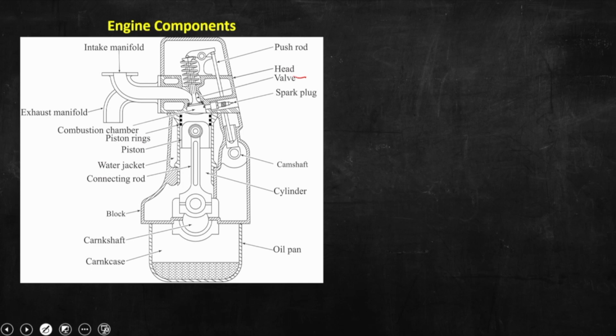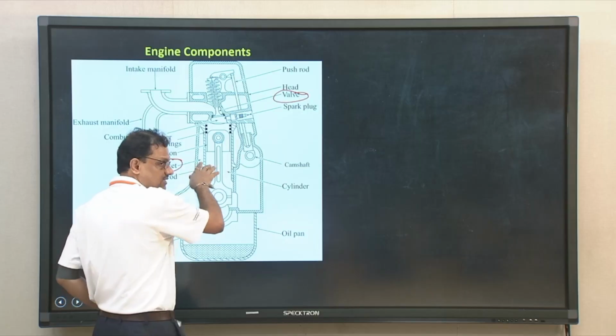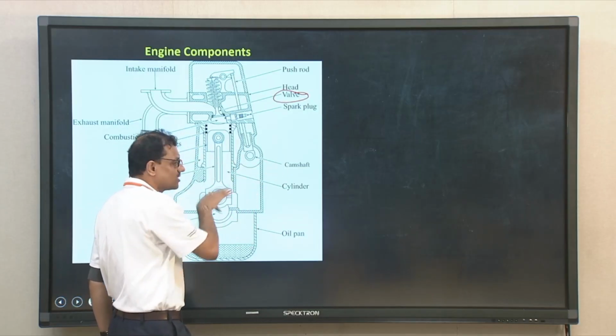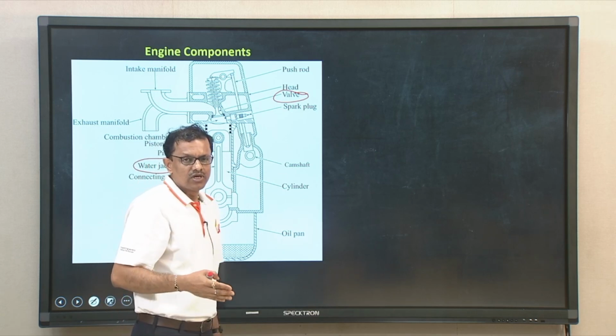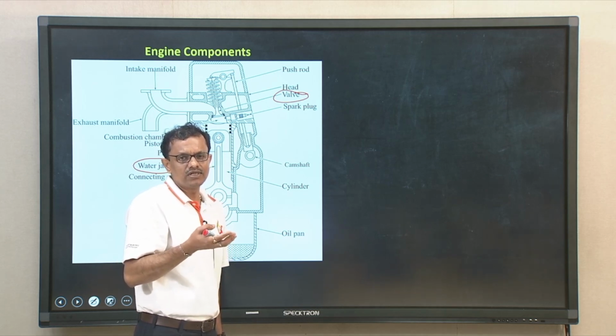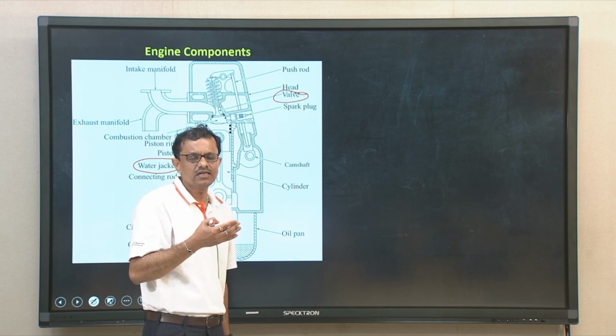we have valve that you can see from here, and we have the water jacket. The water jacket we have already discussed; these jackets are attached to the cylinder in the block itself. Through this water jacket, water as a coolant is supplied, and it will take away a certain amount of heat from the cylinder.